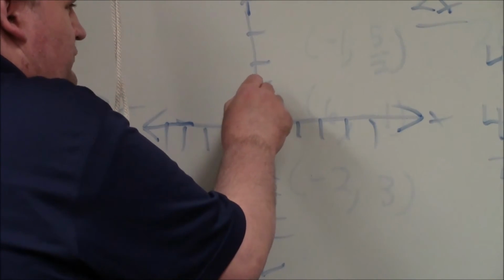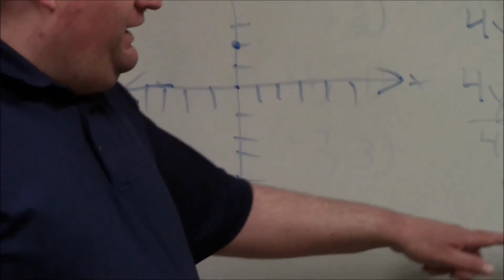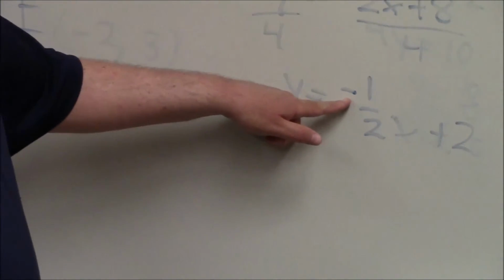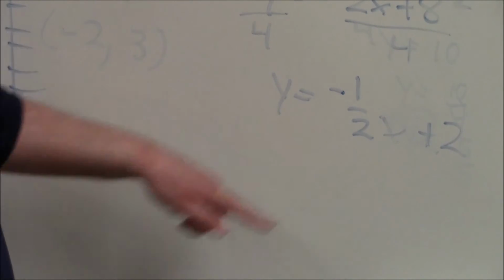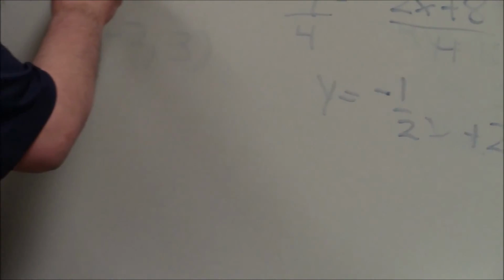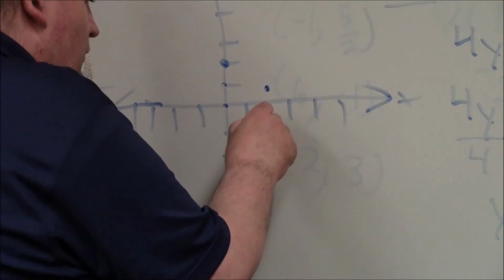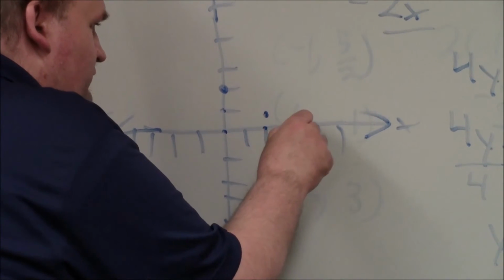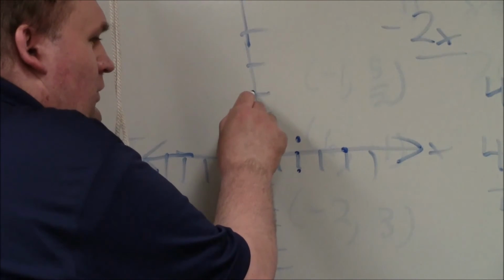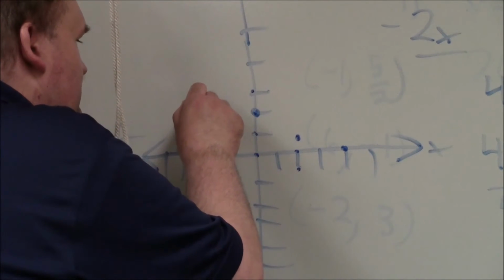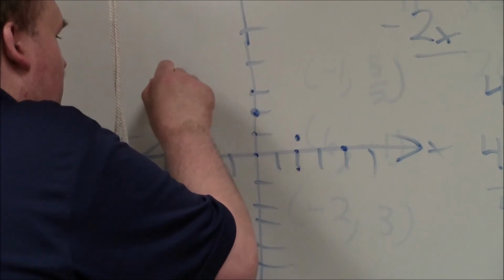So we go up 2. And with the negative, this tells me I go down 1 and over 2. So down 1, over 2, down 1, over 2. Or I can go up 1 and over 2.